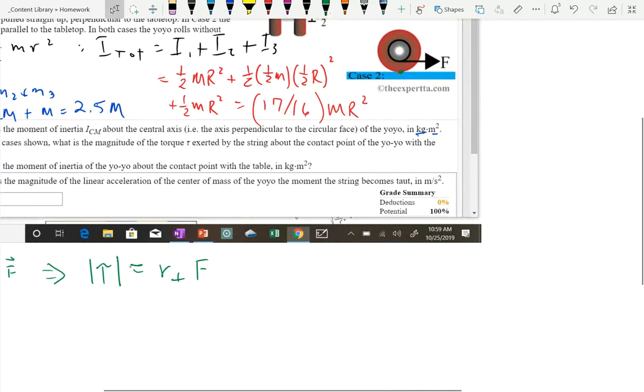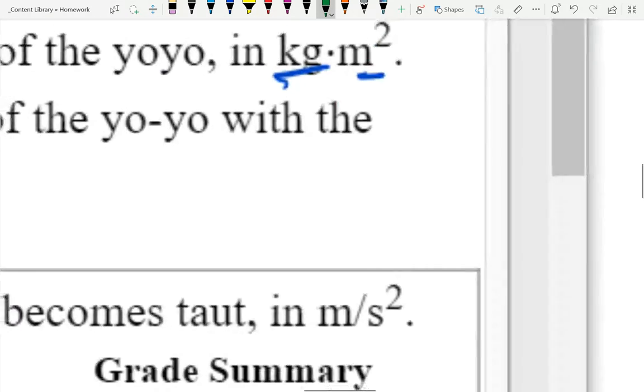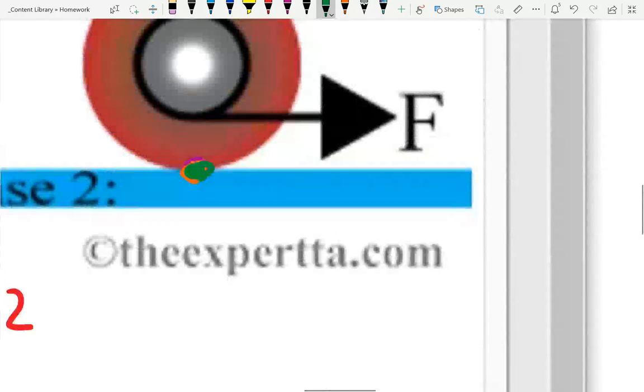So I need to find the perpendicular distance from my green dot to where the force acts. So that's not a tough problem.